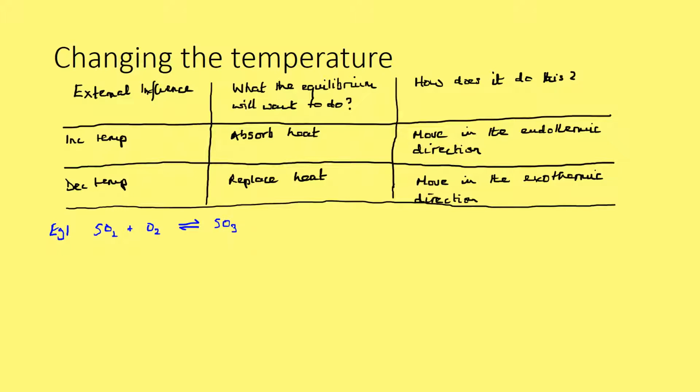Just balancing that, we're going to need 2 moles of sulfur dioxide and 2 moles of sulfur trioxide. So we have an equilibrium reaction there, and as it happens, the enthalpy change for that reaction is minus 197 kilojoules per mole.